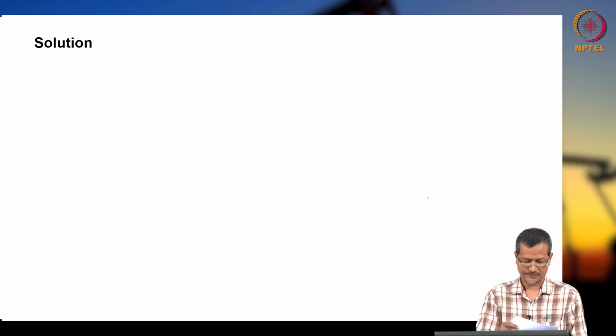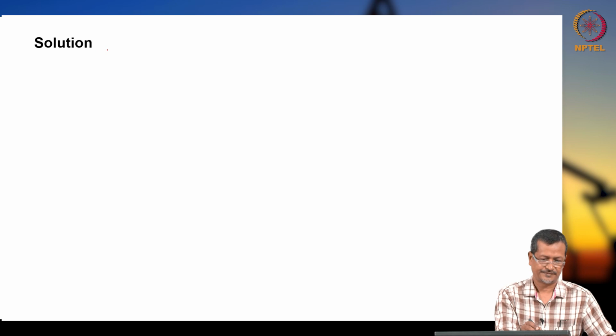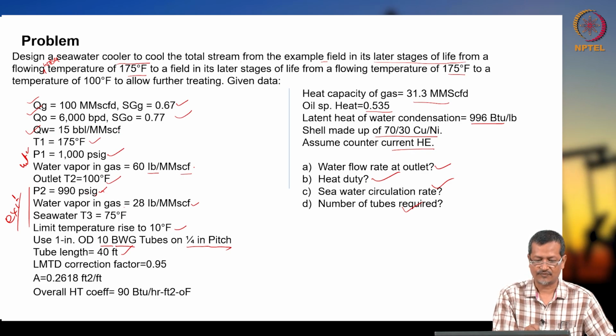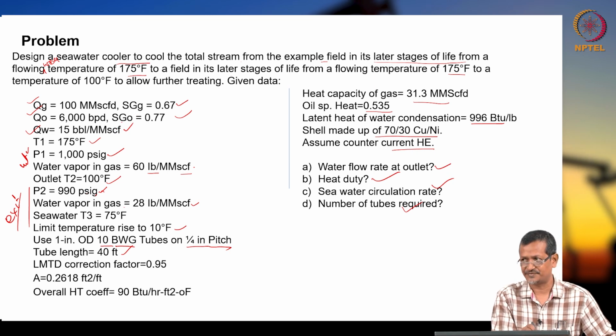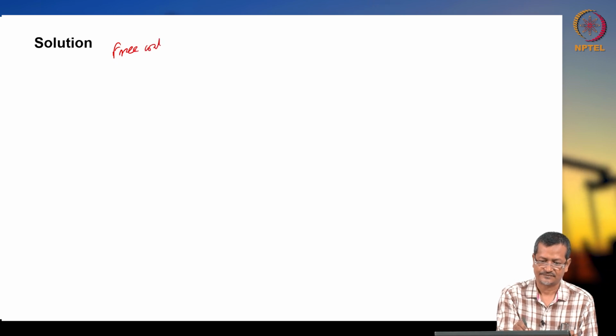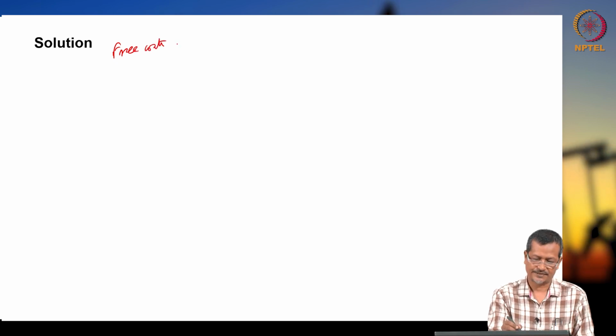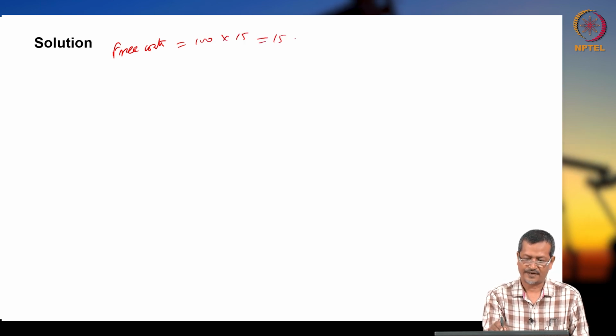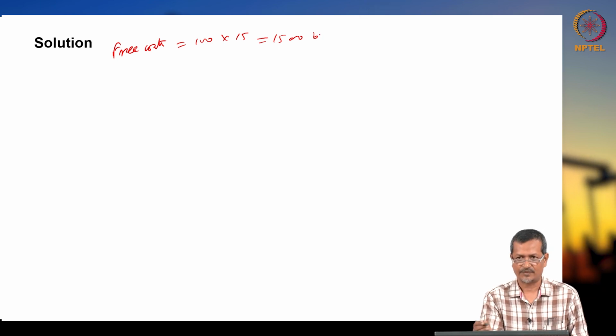Okay. So, here free water first. If you see, the water flow rate 15 is given, per mmSCF. So, that means free water. So, free water is 100 mmSCF into 15, so 1500 BPD, WPD or BPD you can write.